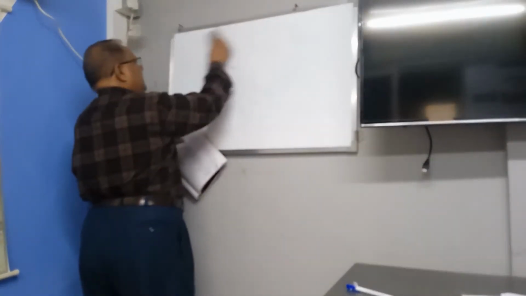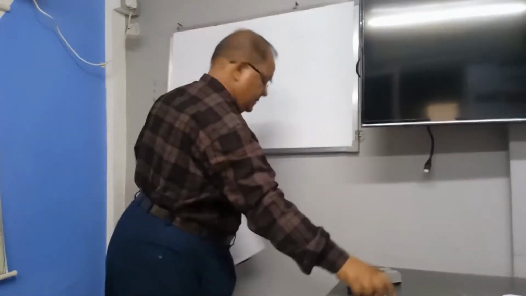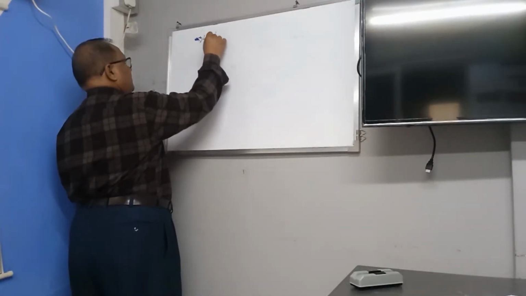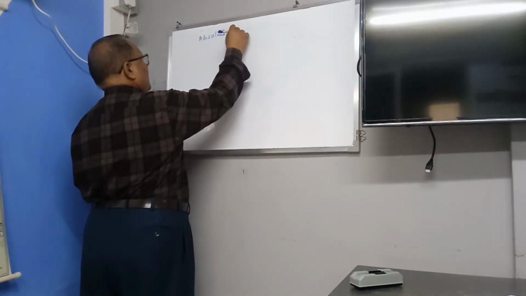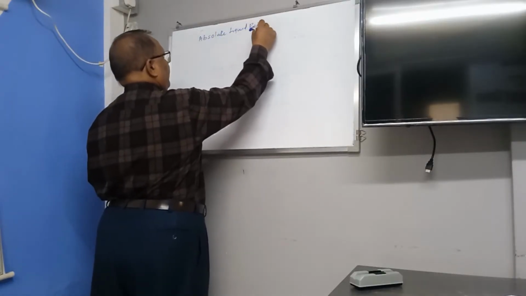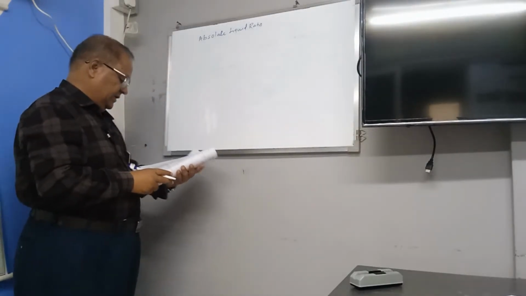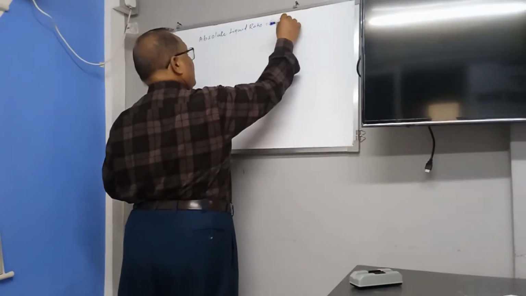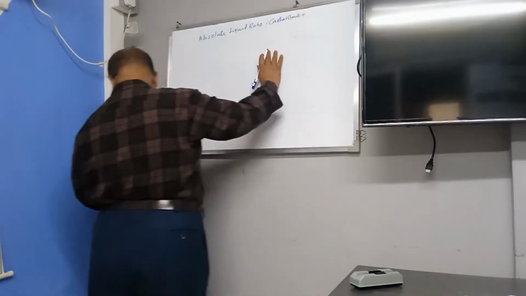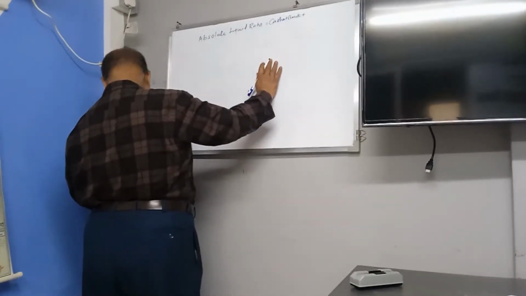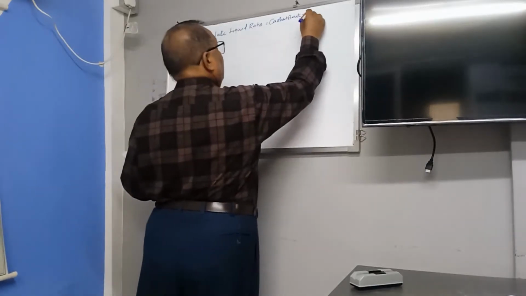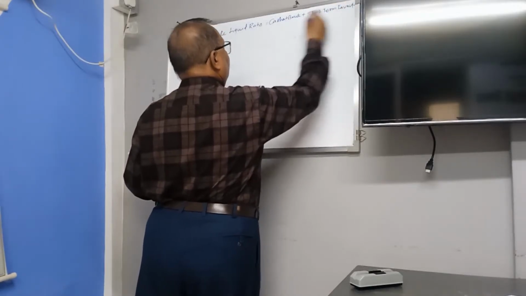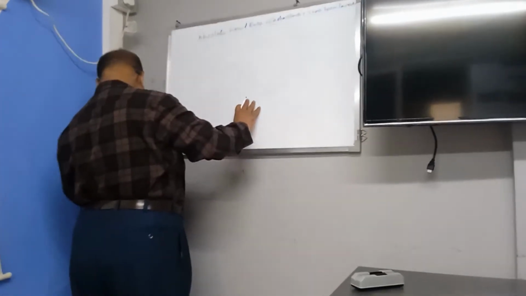Absolute liquid ratio is equal to cash at bank plus short term investment, divided by current liabilities.